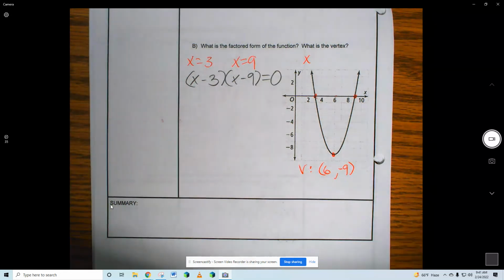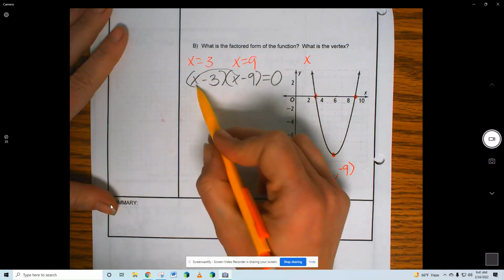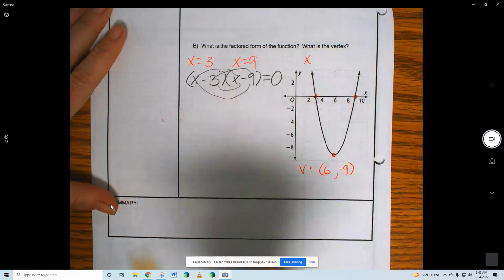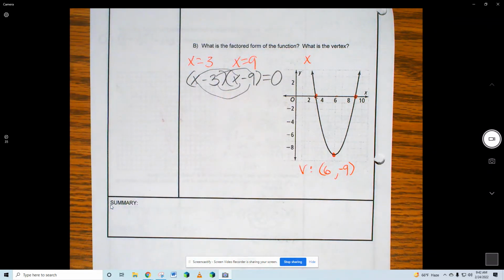And then if I wanted to know the quadratic, first, outside, inside, last. Multiply it. Go. First, outside, inside, last.